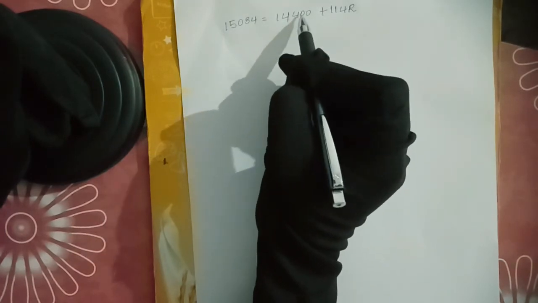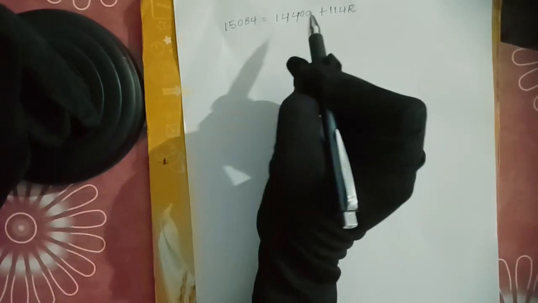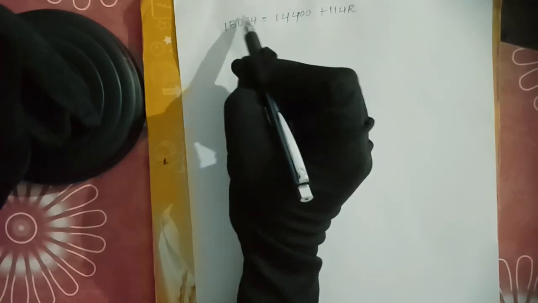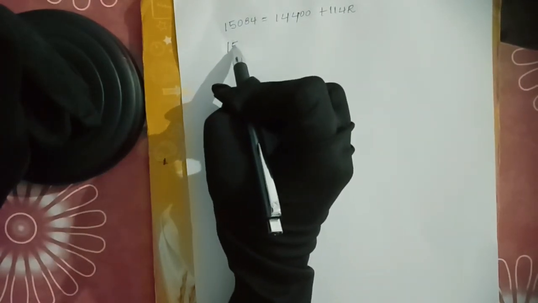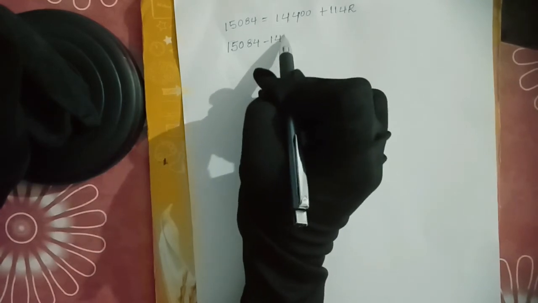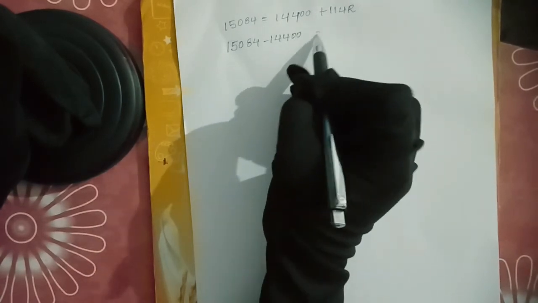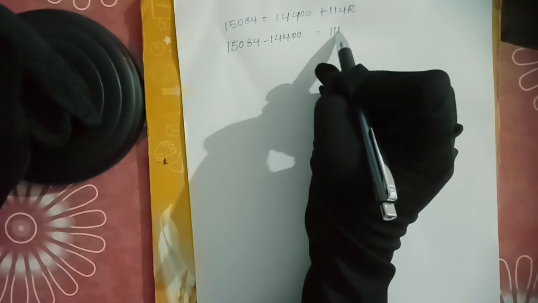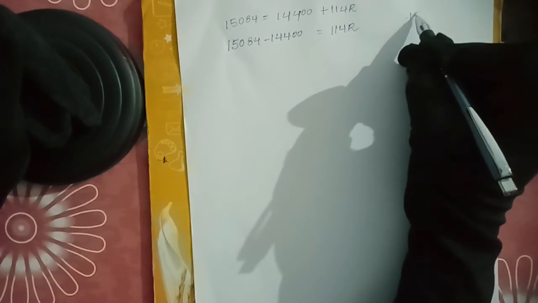It is here as a positive number, so if it goes to this side, it would become negative, which means 15084 minus 14400 is equal to 114R. Now we'll just subtract it.